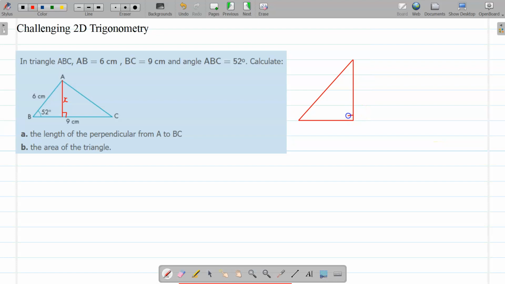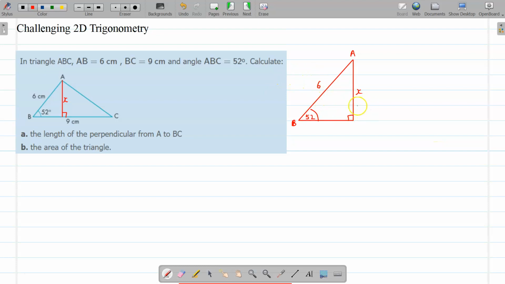There is our height X that we've got to find. We know that this is 6, this is the point A and this is the point B, and we do have an angle here, which is 52 degrees. All that information is provided for us, and I've just extracted it and recreated it.